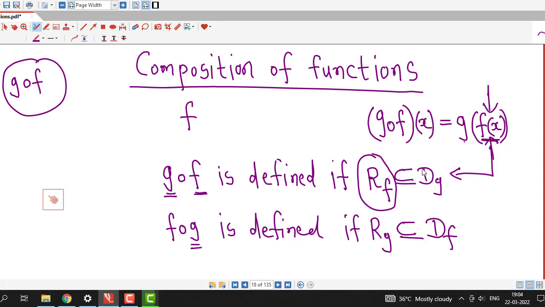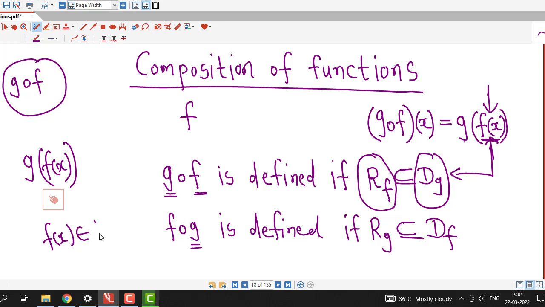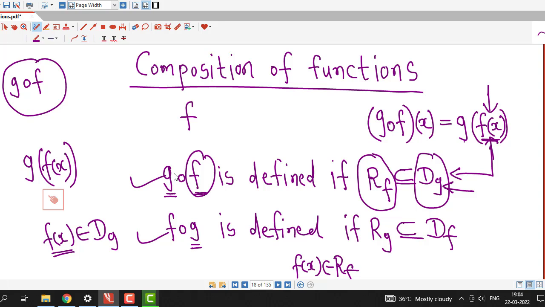So if range of f is not contained in the domain of g, then this is not defined. g(f(x)) is defined if this f(x) is in the domain of g. Now f(x) is image of x, so f(x) is in the range of f. Therefore range of f is required to be a subset of domain of g. So we will remember this condition, that g∘f is defined if range of f is a subset of domain of g.